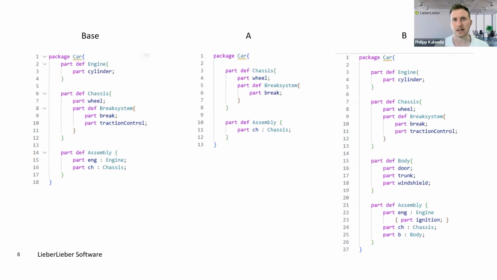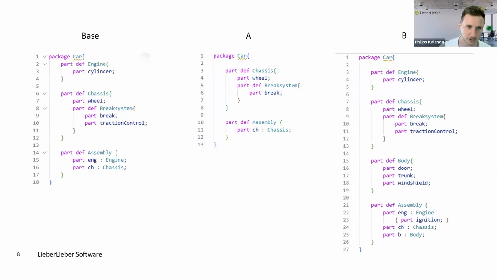In this example, we have two branches, A and B, which represent two versions. Those two users work in these two branches, change something simultaneously, and work on this in the textual notation.